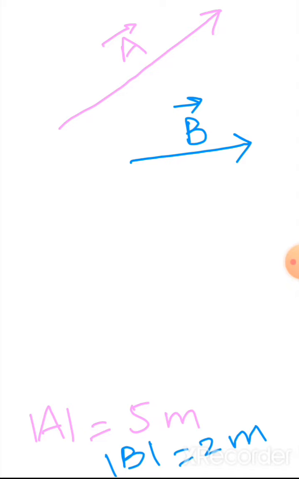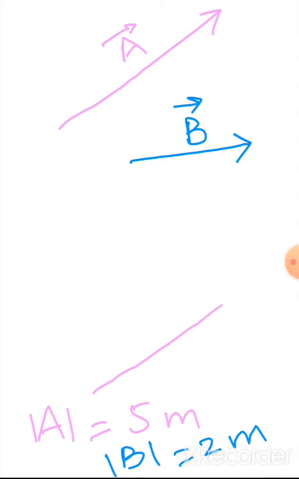So how shall we add these vectors? We shall add these vectors using a rule called the head to tail rule. Head to tail rule works in the following method.